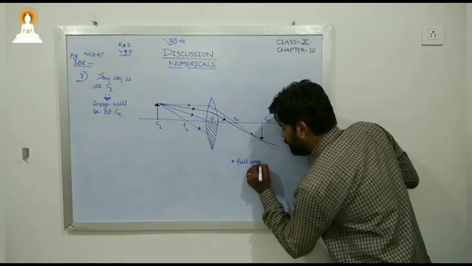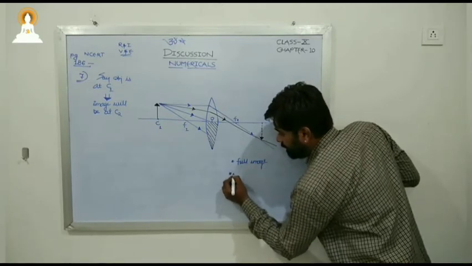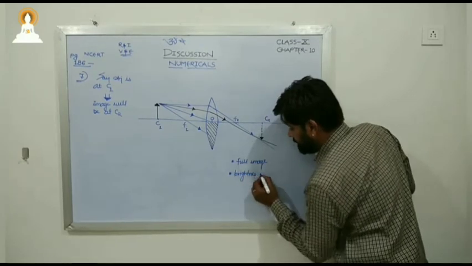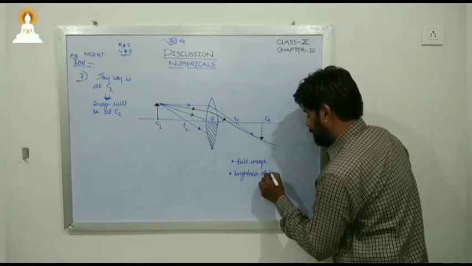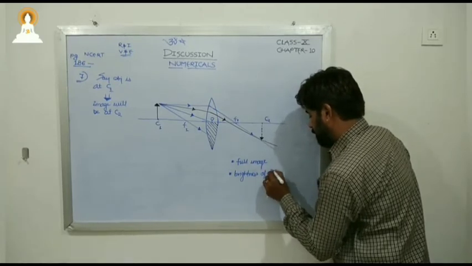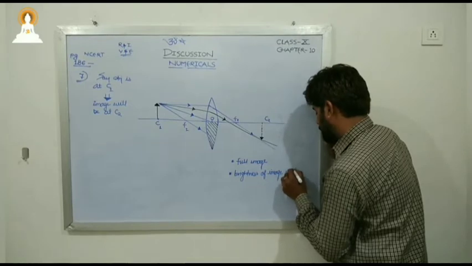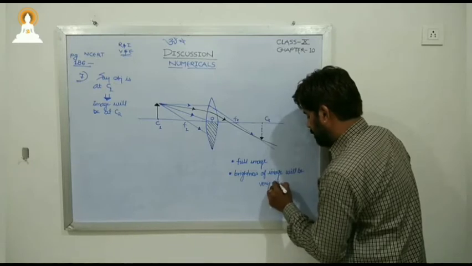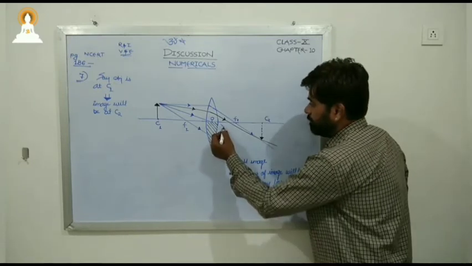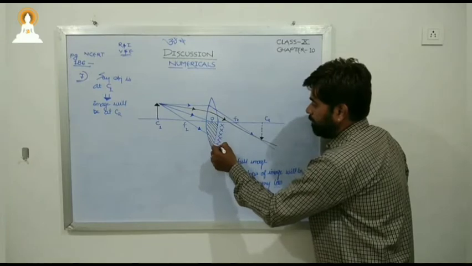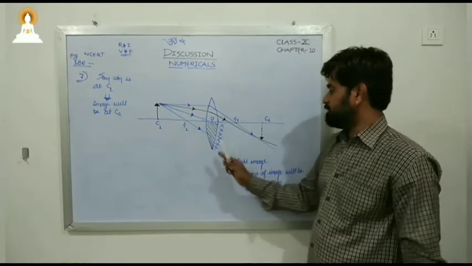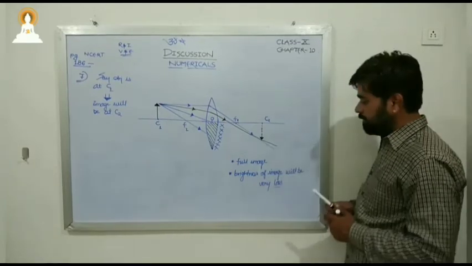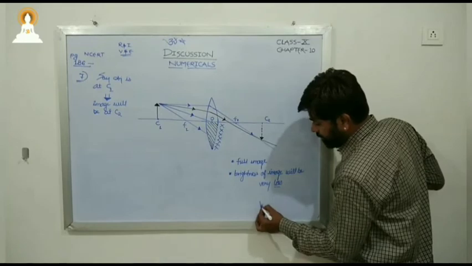We will have the full image, but the brightness of the image will be very low, because lights are prohibited from this particular portion. So the image will be formed, but the brightness of the image will be very low, or you may say the image will be blurred.